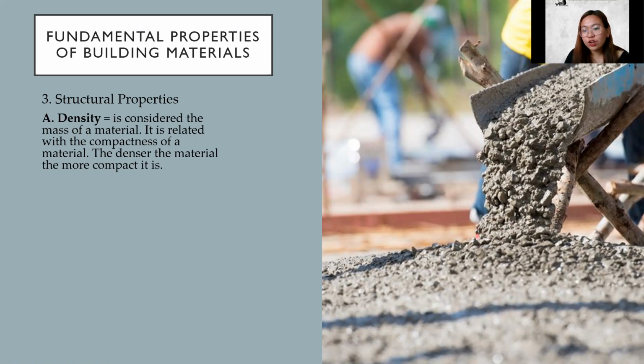Mapag-aaralan na natin yung concrete pag sa higher years, may computation yan at nagkakaroon tayo ng testing bago natin ilagay sa isang building. Kasi kailangan nami-meet yung compactness, yung density na kailangan ng isang concrete for a particular load.